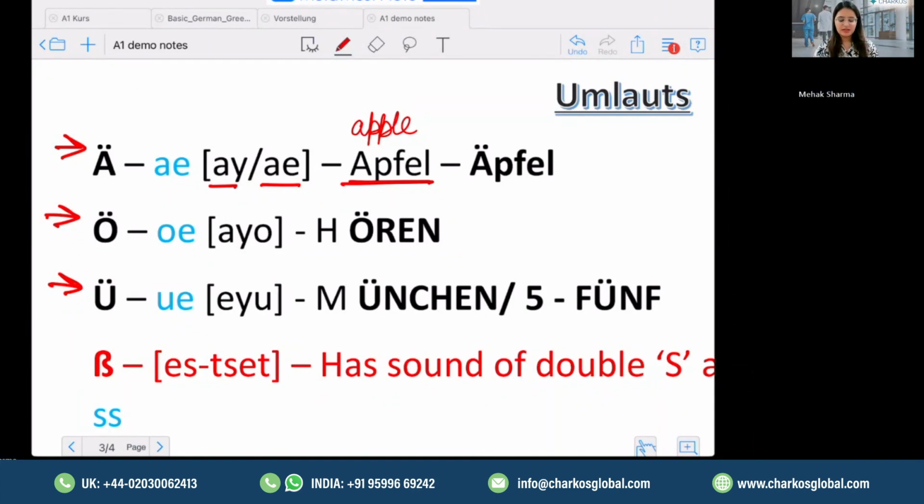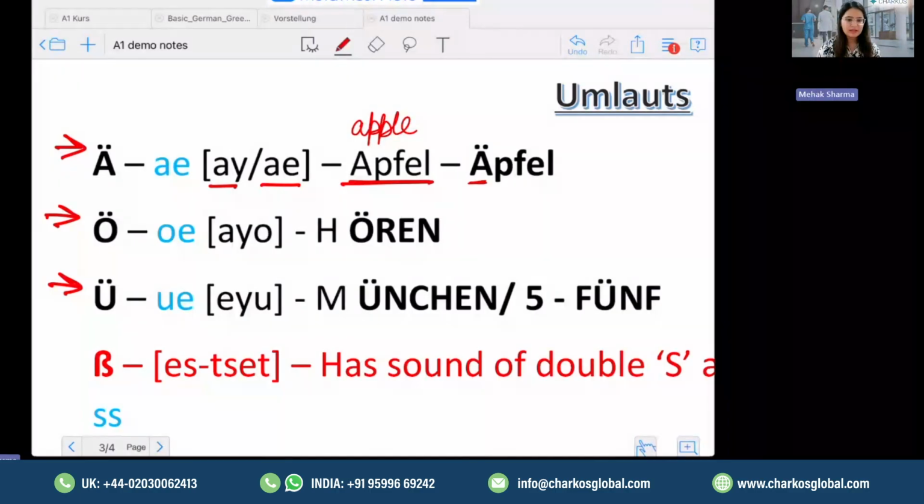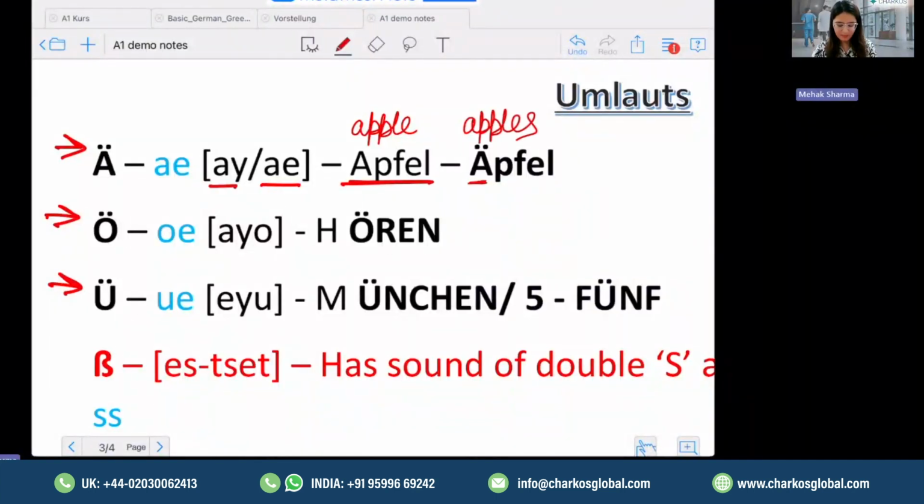But now you see the word is Äpfel. Yeah, because when you put umlaut on A, it's not A anymore, it changes. So this word is Äpfel. Now what is Äpfel? Äpfel is basically the plural of Apfel, apples. Easy?